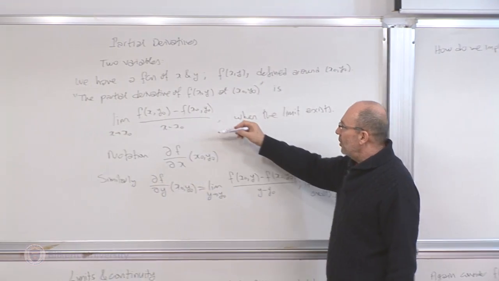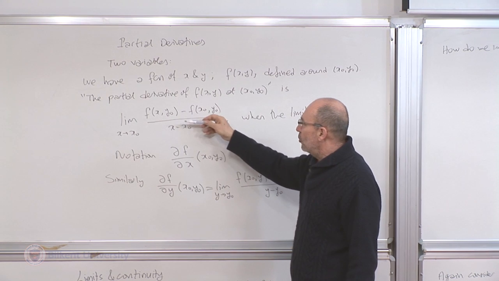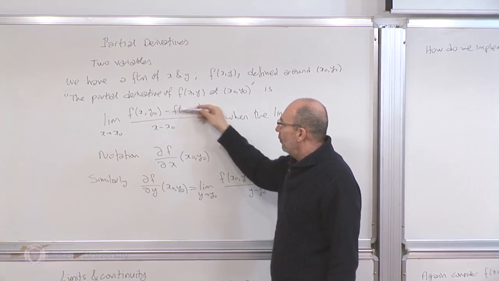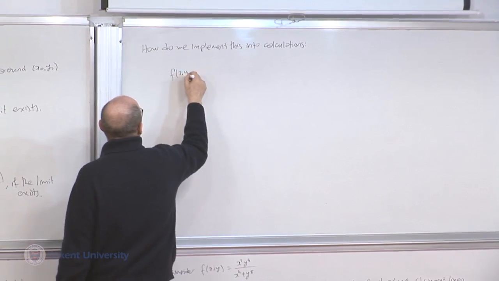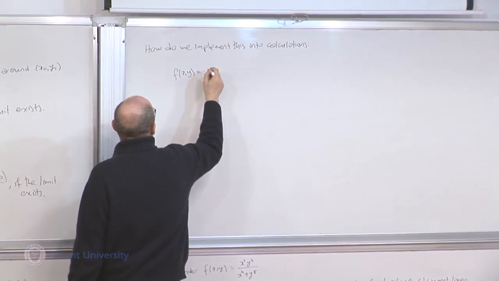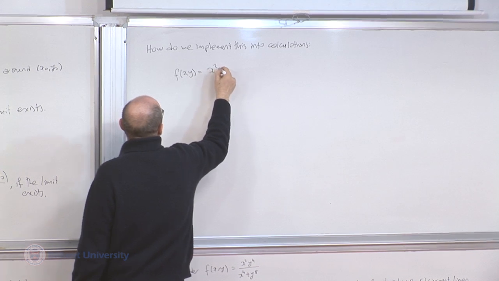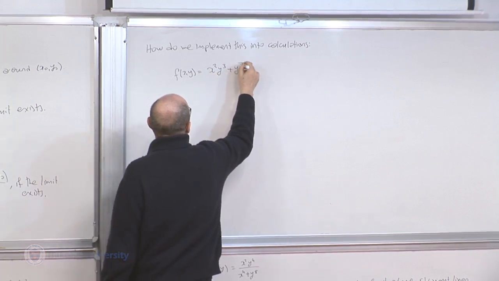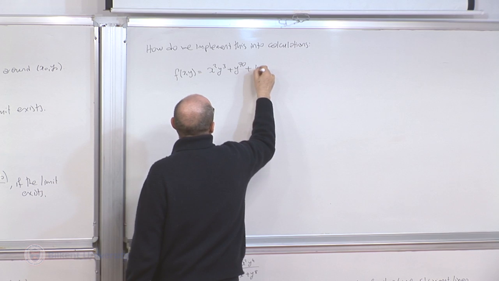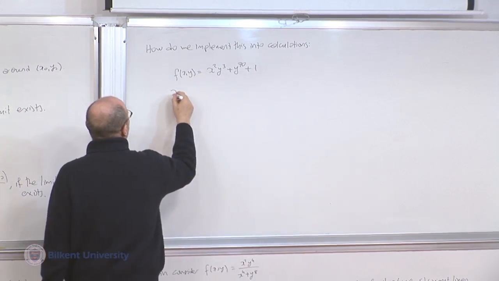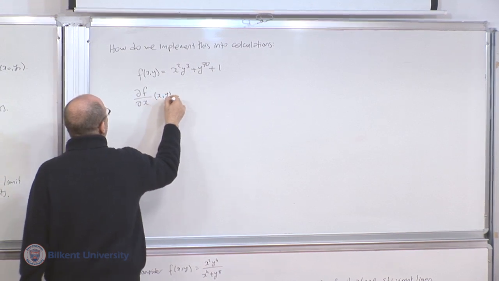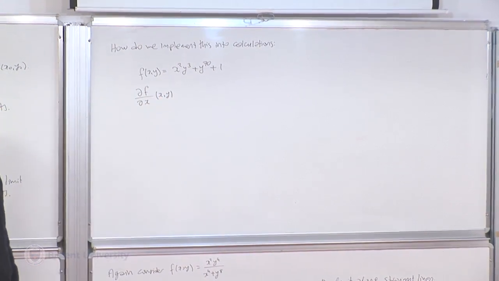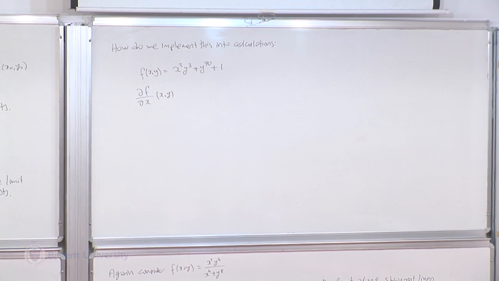So we can do this generically: x goes to some point, so y, I can take f of x y equals, let's say, x squared y cubed plus y to the 70 plus 1. Now, if I take the derivative of this with respect to x at an arbitrary point, I'll take the derivative and then I'll put this number, but the number is generic.